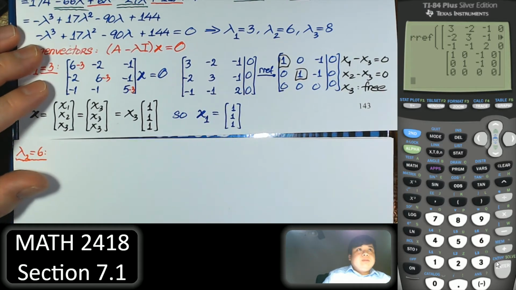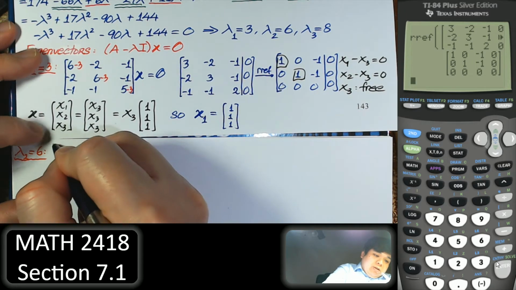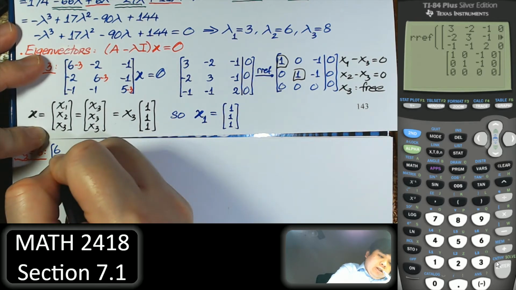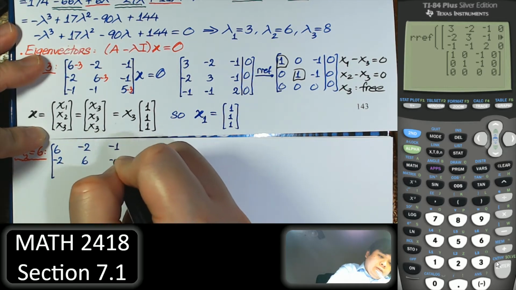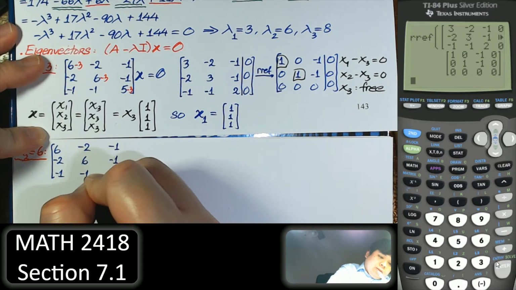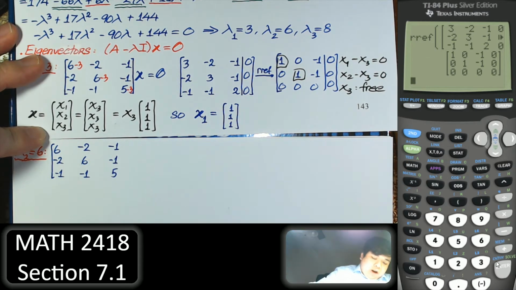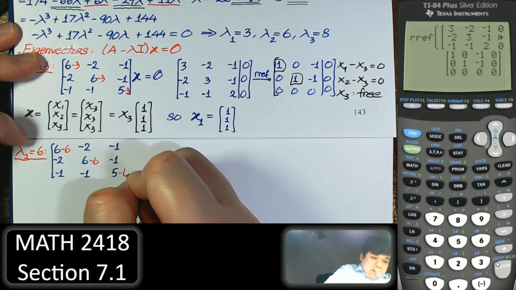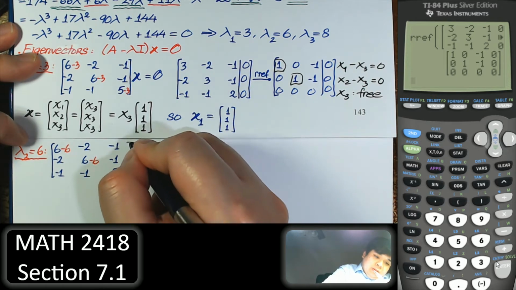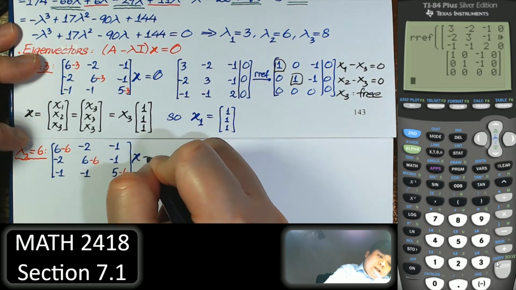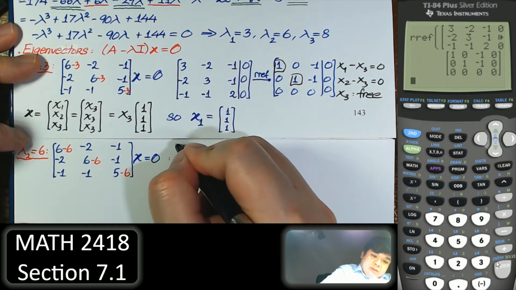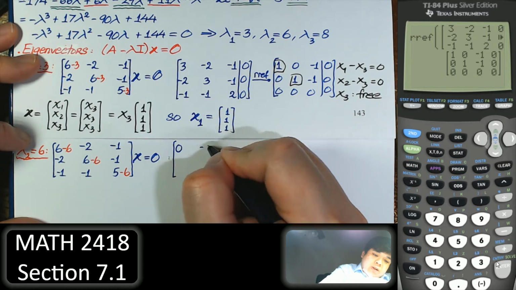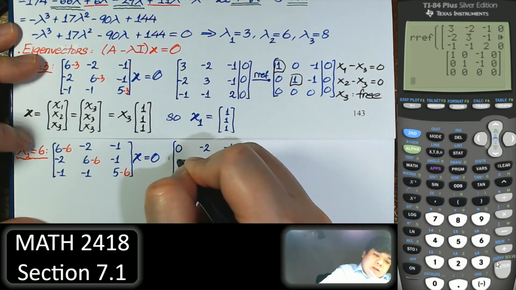Right. So first the matrix 6, -2, -1. And subtract 6 on the diagonal, the eigenvalue, times x equal to 0. That is equivalent to 0, -2, -1.